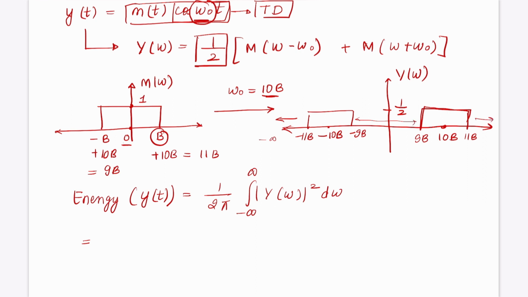So if I open this complete infinite bracket, from minus infinity to minus 11B, its value is 0. From minus 11B to minus 9B, its value is 1 by 2.